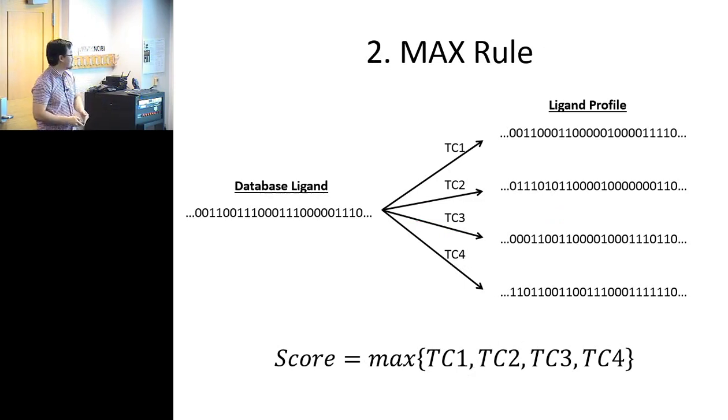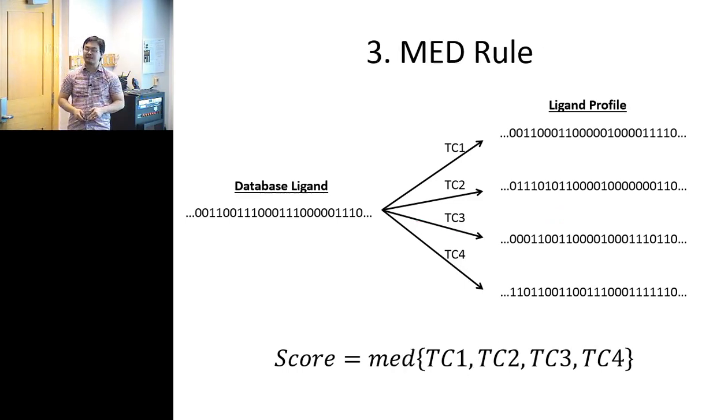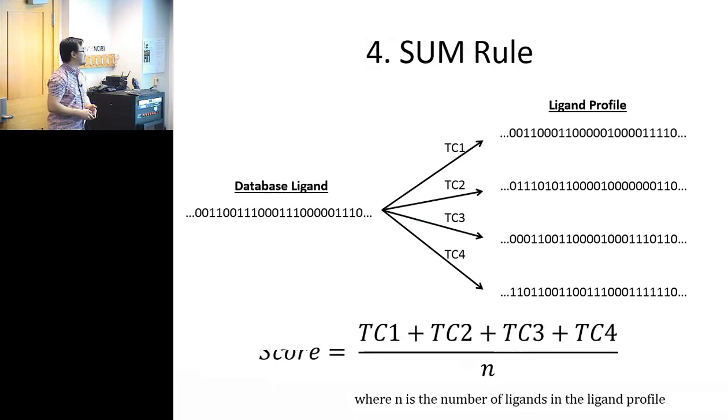So it's just a maximum. The next rule here is the median. So it's more or less along the same lines. Instead of the maximum, I take the median, and I find what the median TC score is. Sum, it's more or less just the average, add them all together, divided by the number of ligands in the ligand profile, right?